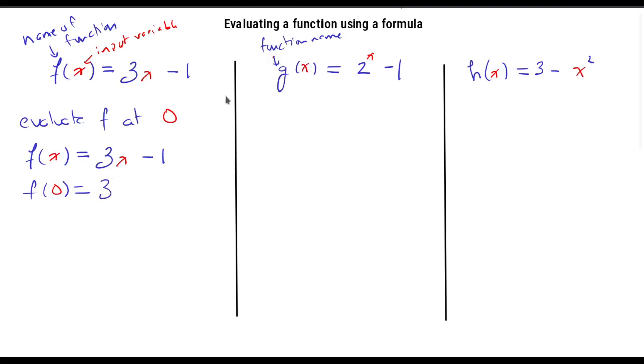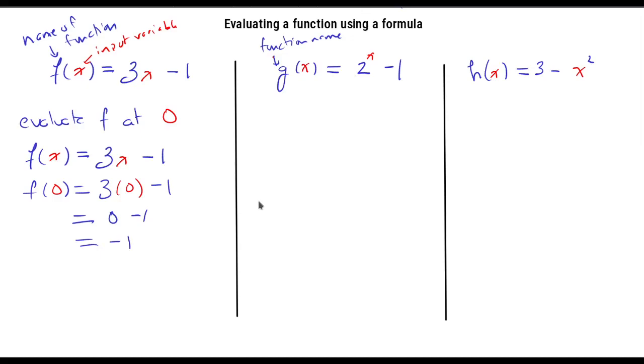So 3x becomes 3 times 0, and then the minus 1 stays the same. So now f of 0 is this expression, which we can continue to simplify. 3 times 0, we multiply before we subtract by order of operations, so 3 times 0 is 0, minus 1 is negative 1. So f of 0 equals negative 1.